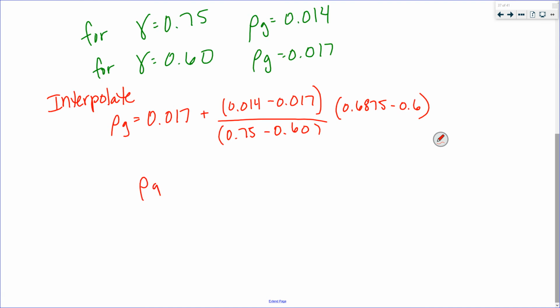That should give you a reinforcement ratio. Now, they're not that much different, right?